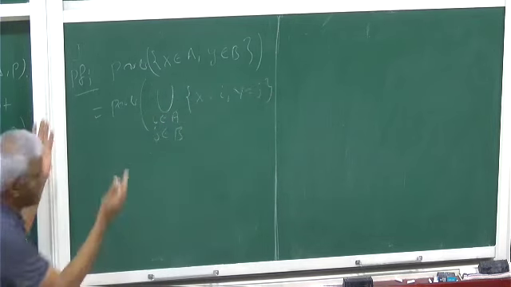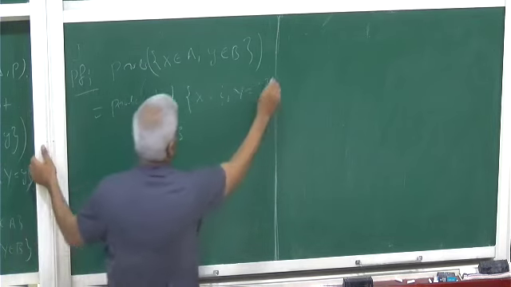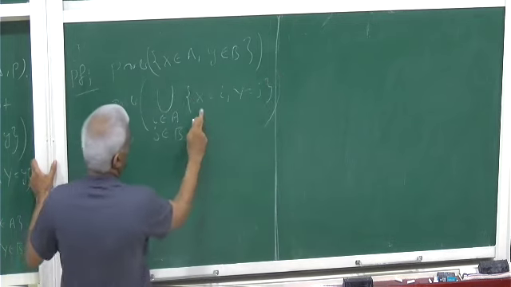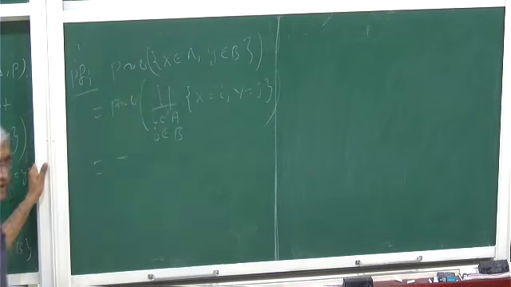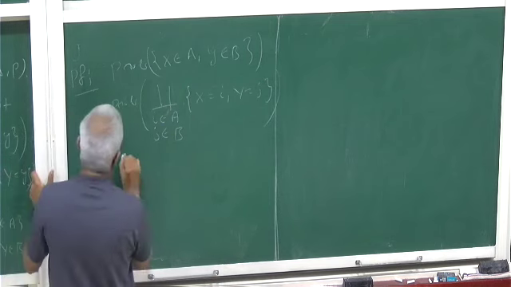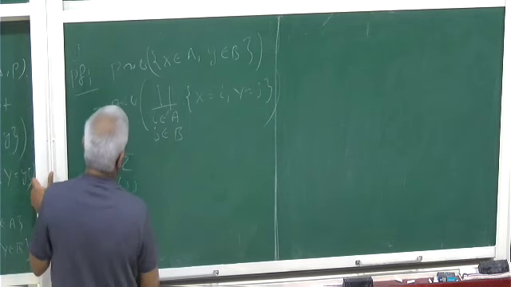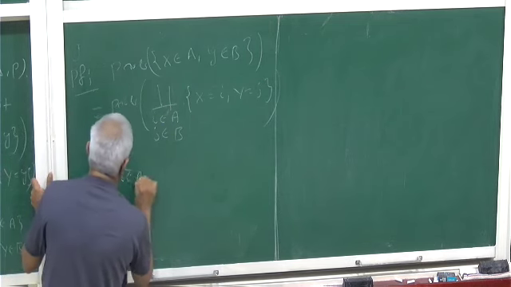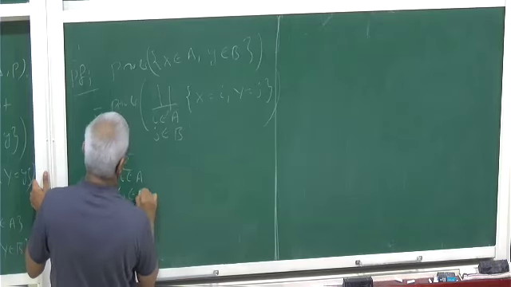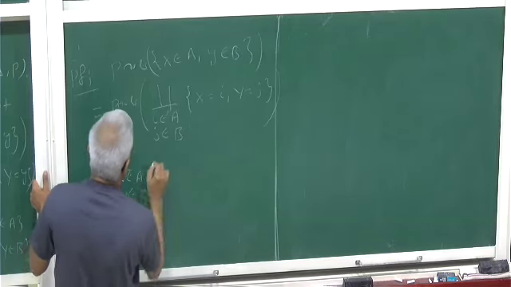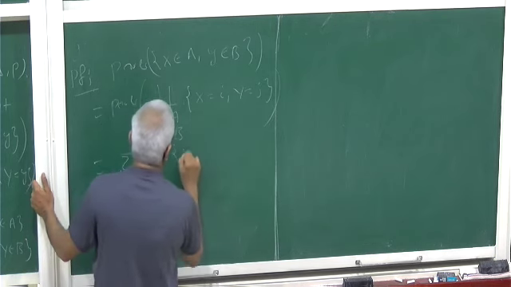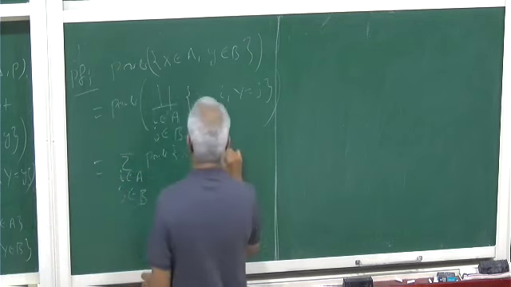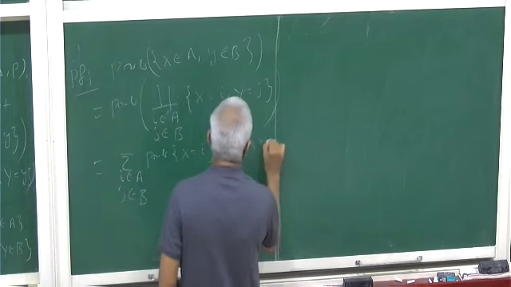Then you use the definition, and these sets are disjoint. When you have different points, these sets are disjoint, so this is equal to the summation over i in A, j in B of the individual probability, probability of X equal to i times probability of Y equal to j.